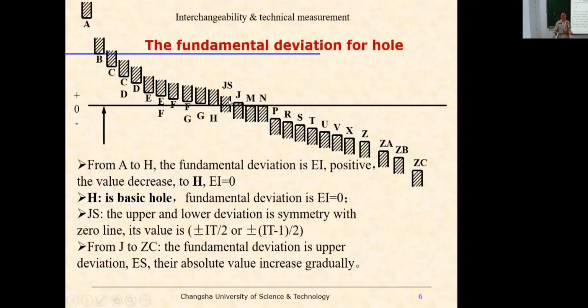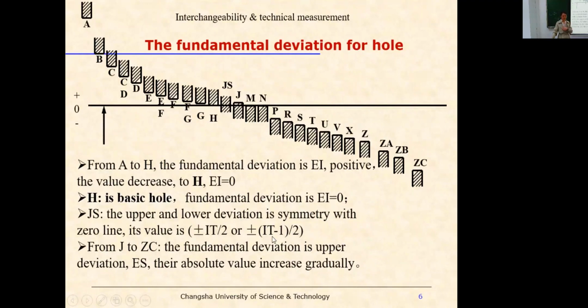And JS is JS. The upper and lower deviations are symmetric with 0. Its value is IT divided by 2, or IT minus 1 divided by 2.